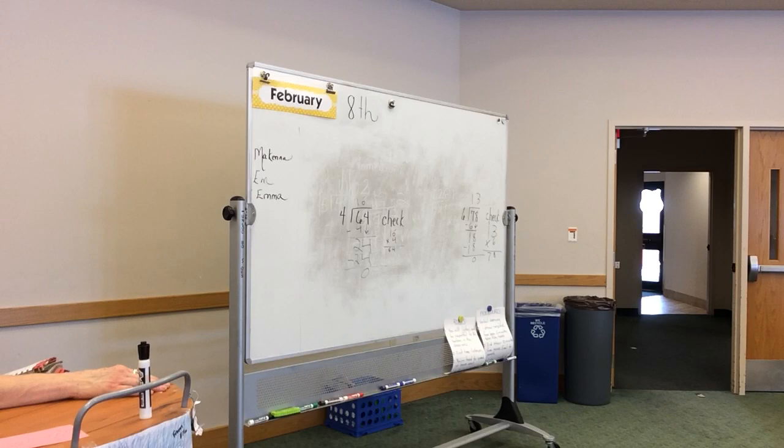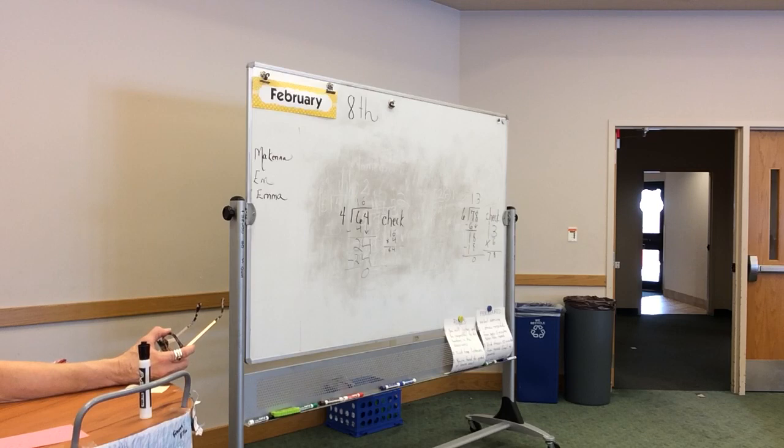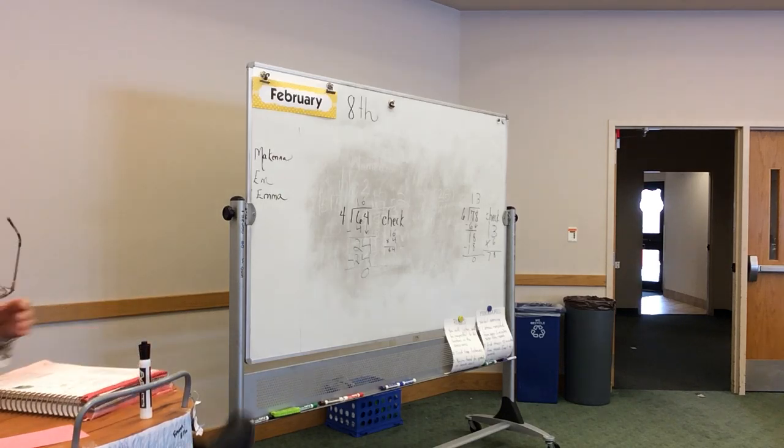How many birds did she see in all? Your key words in this is in all. So that means what, friends? What kind of problem are we looking at here? Helen? Addition. So please work in your workspace.